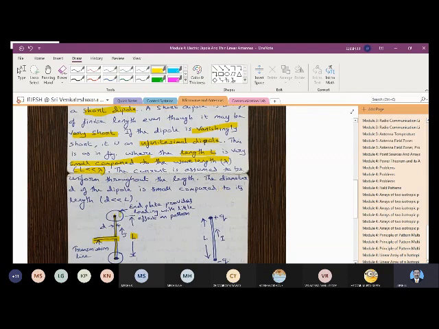The end plates provide loading with little effect on the pattern. This is the transmission line, and this is D, the small thickness it has there. I is the current which flows through here, and L is the length of the antenna.